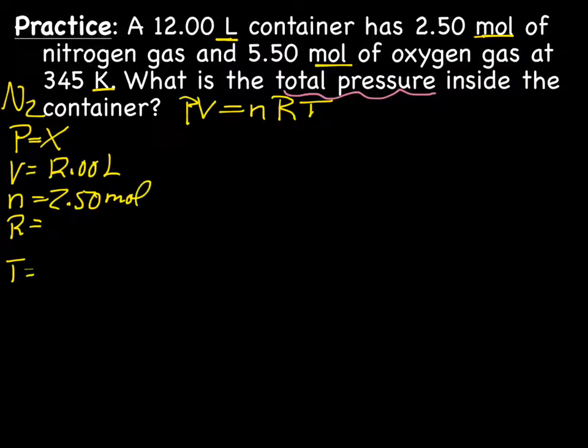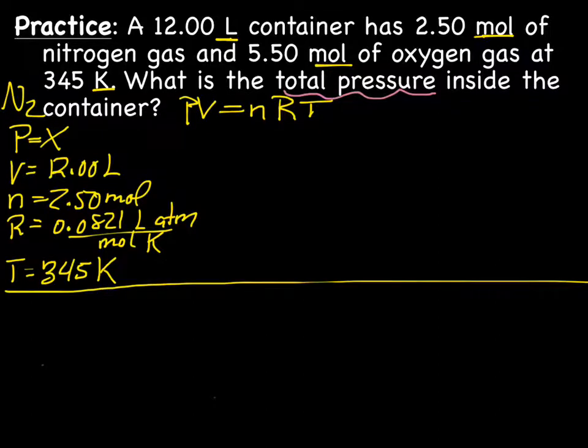And the temperature is 345 K. Because we don't know the pressure, and because it doesn't say what units the pressure needs to be in, we can just pick. I think I'm going to go ahead and pick the atm. So we're going to have 0.0821 liters atm over mole K.